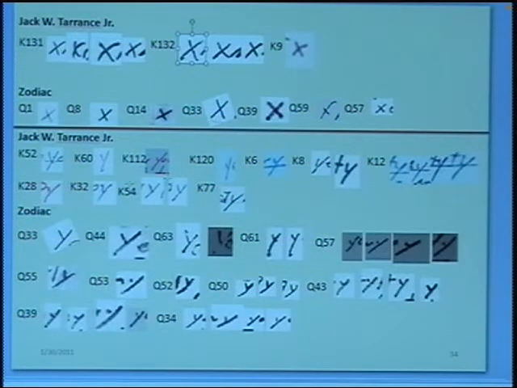In the Y category, it looks like we've got a bunch of lowercase y's, and that's because both the Zodiac and Jack choose to use a lowercase y construction for capital Y's when they print. They just make the Y large enough to appear as though it's a capital in comparison to the lowercase printing.